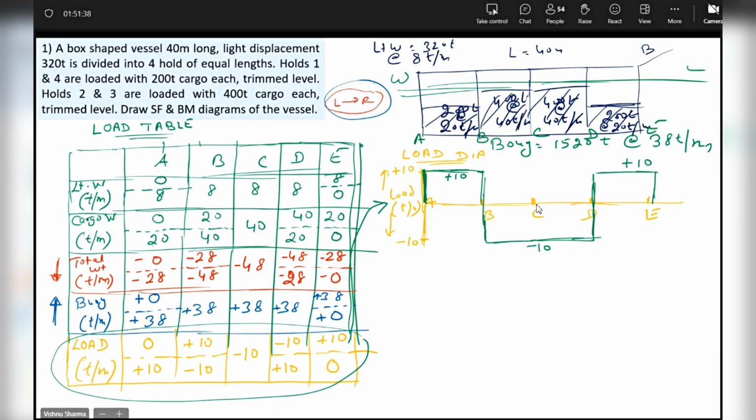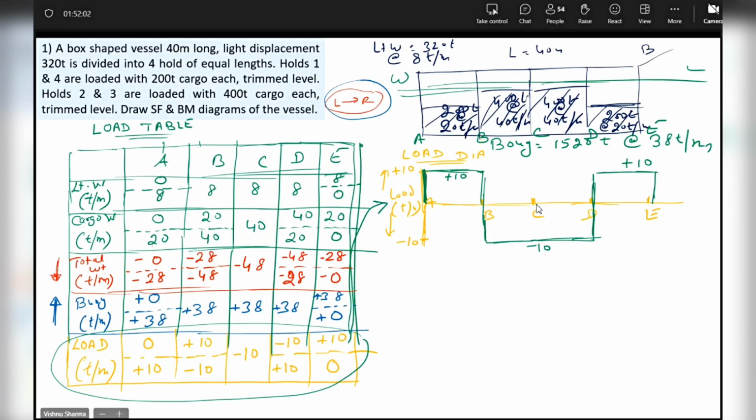All the points in the SF table where it is 0, and additionally, where it cuts the x-axis.